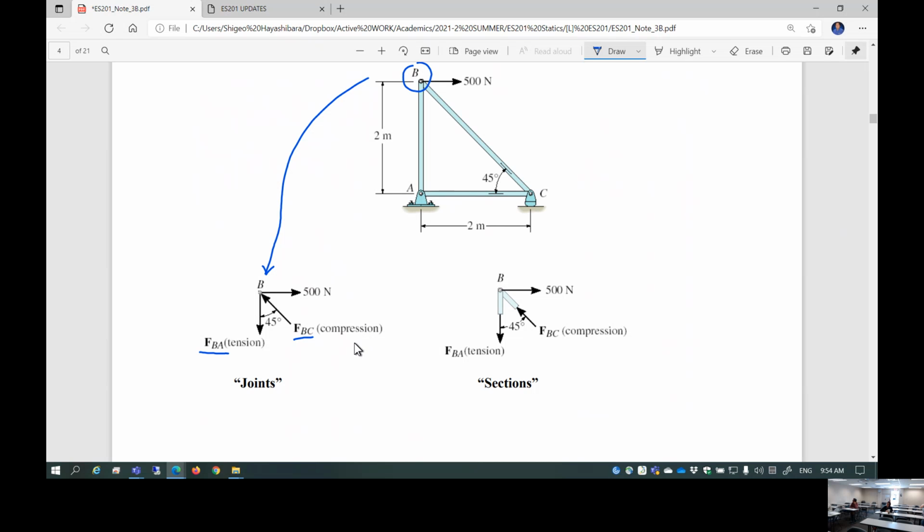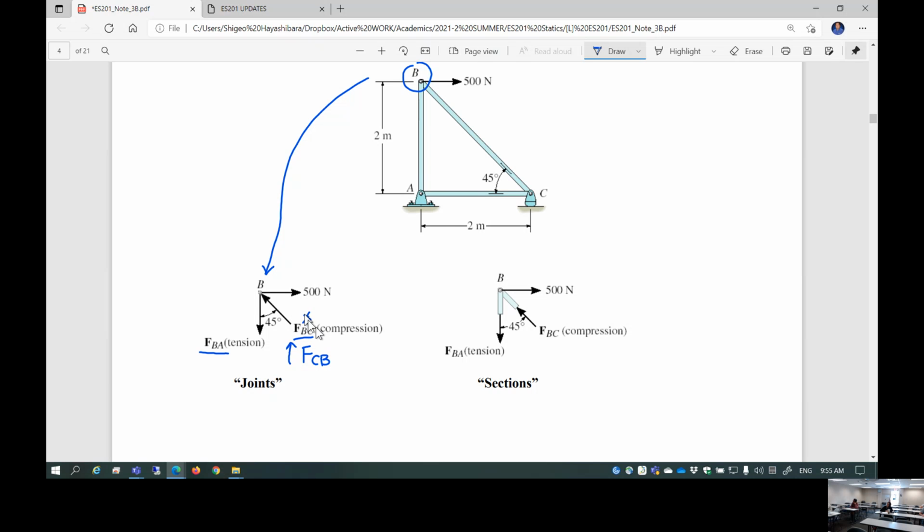in which I really don't like this way. I oftentimes call this, this is my method, FCB. In other words, I try to be consistent with the direction of the force. If the force is tensile, that means force is from B to A. So that's why this is FBA. If the force is compressive, it is from C to B. So that's why I usually call it FCB. I don't like this expression, FCB.